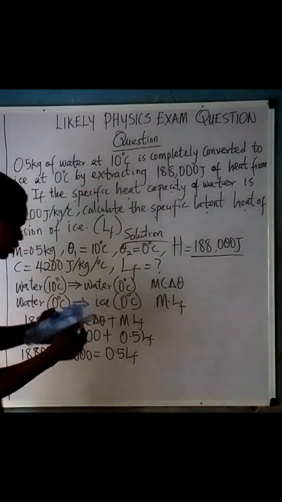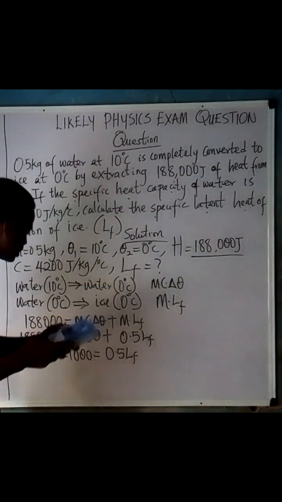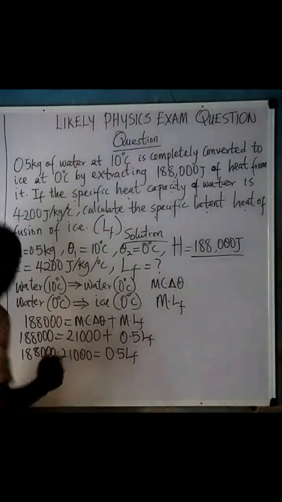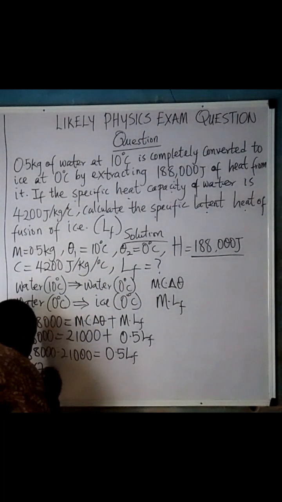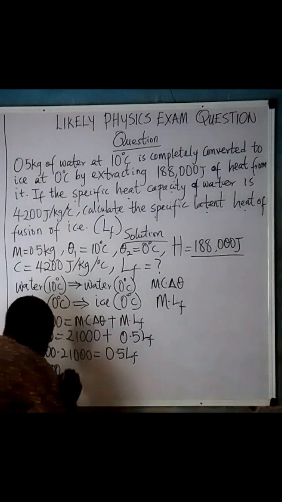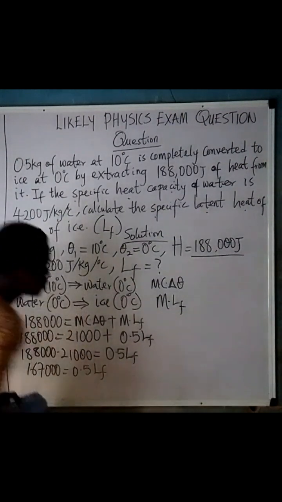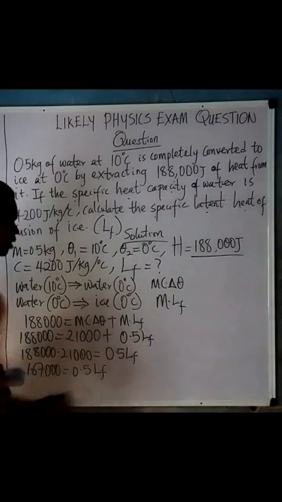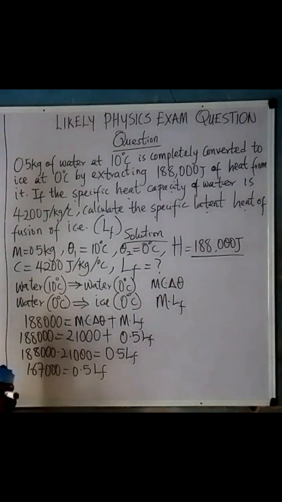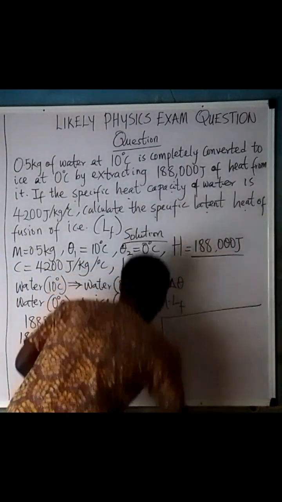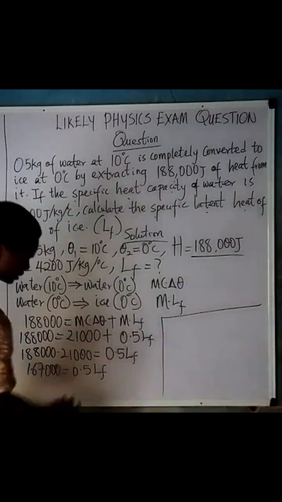So let's do the minus together. 188,000 minus that gives us 167,000. So write 167,000. That's what we got, equals 0.5 LF. Because we are looking for LF, not 0.5 LF, we are going to be dividing both sides by what is attached to LF. And what is that? It is 0.5.